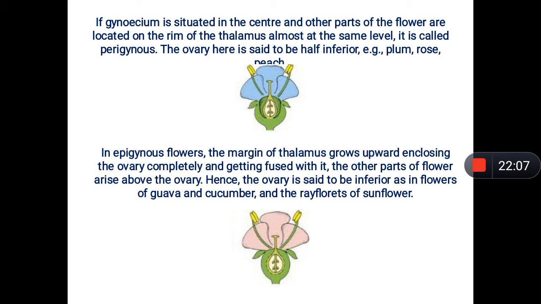Then we have gone through whether the flower can be cut into different halves, whether it is actinomorphic or zygomorphic, and then depending upon the position of the ovary, whether it is hypogynous, epigynous, or perigynous. Also, if bracts are present, bracteate; if bracts are absent, ebracteate. So these are the basic features of the flowers, and in the next lecture we will be studying the morphology of flowers, various parts, calyx, corolla, androecium, gynoecium, and their modification. So here we end the basics of the morphology of flower.